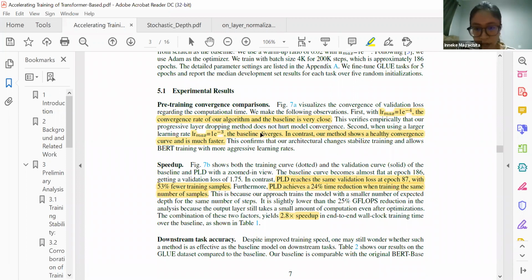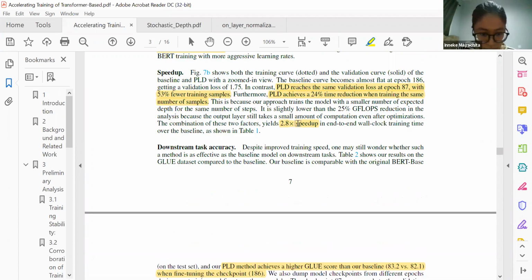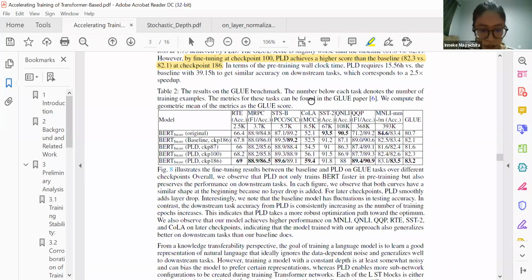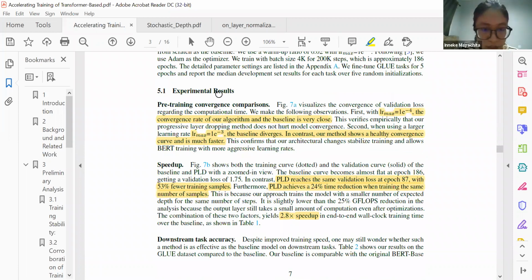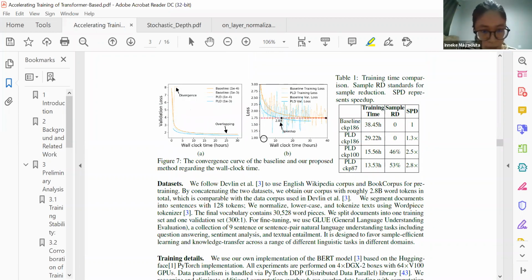Let's see the results of the training. The first one we can see in figure 7a. You can see here that PLD is the new algorithm, progressive layer dropping. The blue line is the high learning rate.